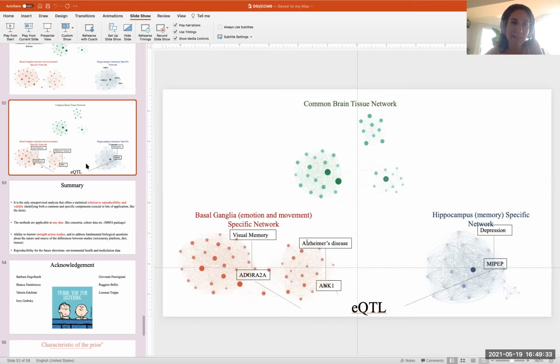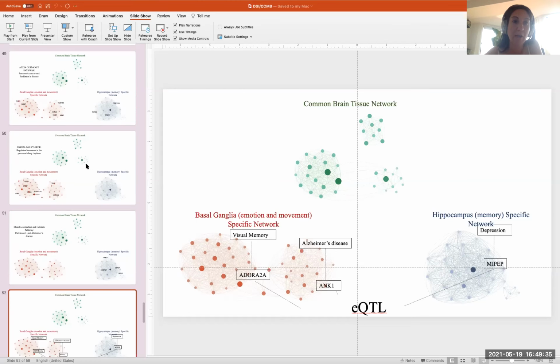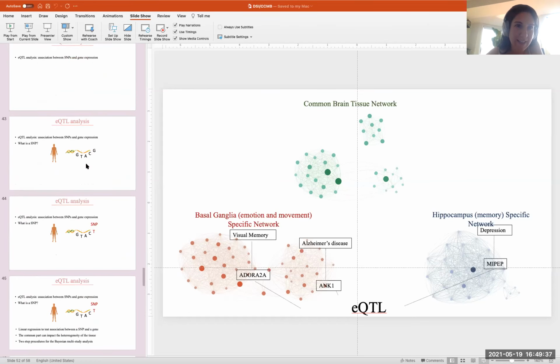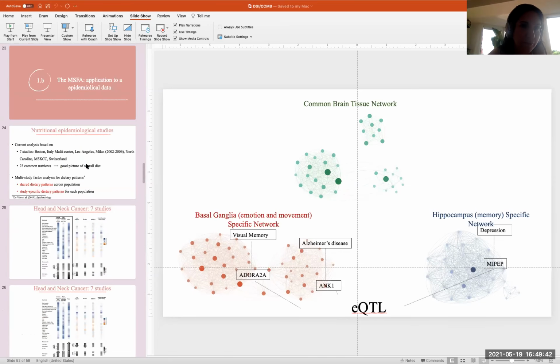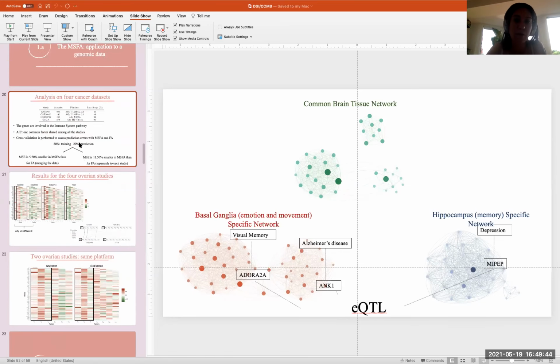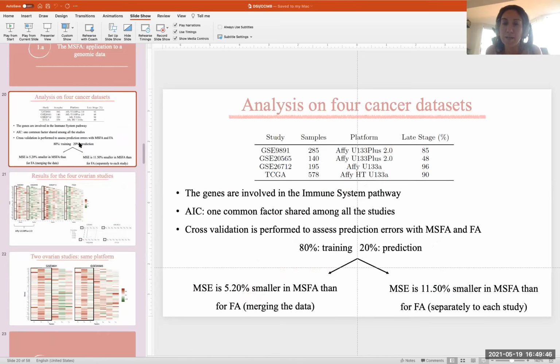I also did a comparison with the factor analysis using the mean square error. Here, it's exactly like dividing the data into training and prediction. With the factor analysis and with the multi-study, I predict these units. And the mean square error was smaller for the multi-study compared to the factor analysis.